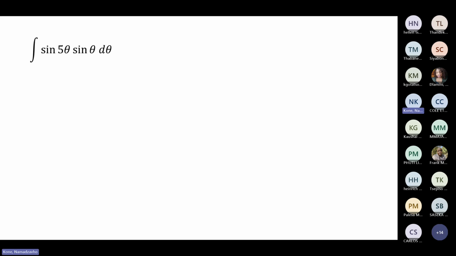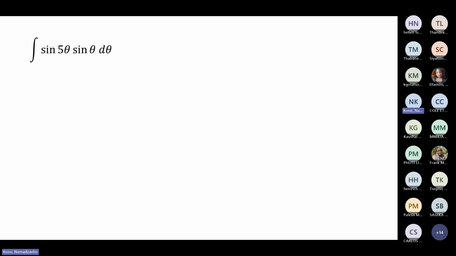I think the only 2 names that you will find in the list of integrals is the integral of sec theta tan theta and cosec theta cot theta. Those are the only 2. But to have it with 2 sines, which is sine of one angle and sine of another angle, that doesn't happen. So I would like now from you guys, how will we be able to attack this question?